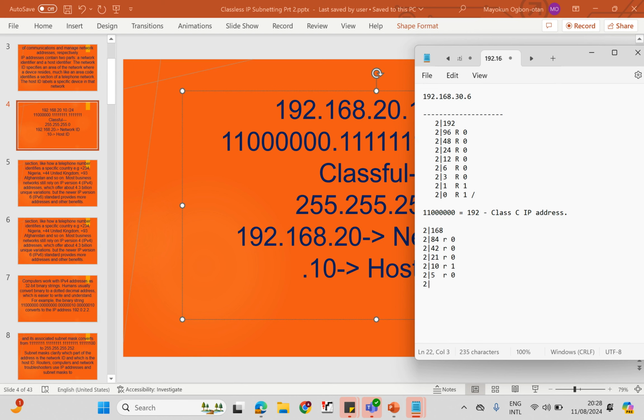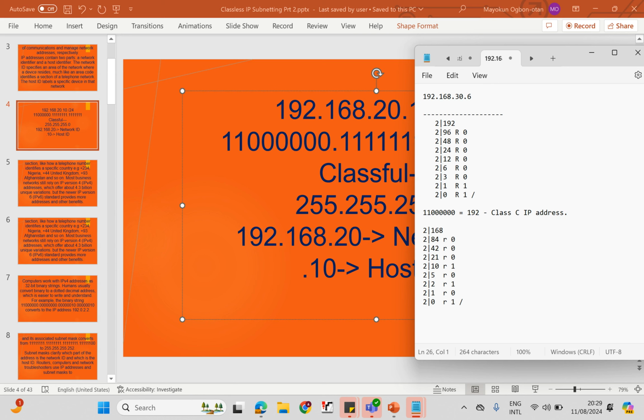In 5, it's going to be 2, remainder 1. In 2, it's going to be 1, remainder 0. And in 1, it's going to be 0, remainder 1. We bring that one out. So we take our writing upwards.